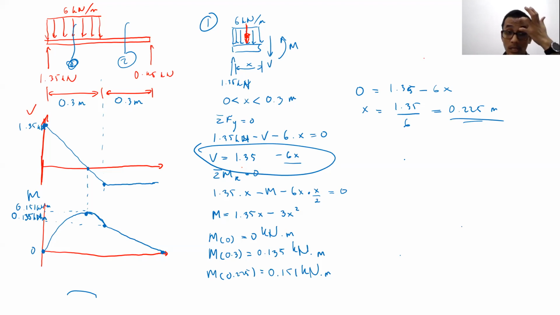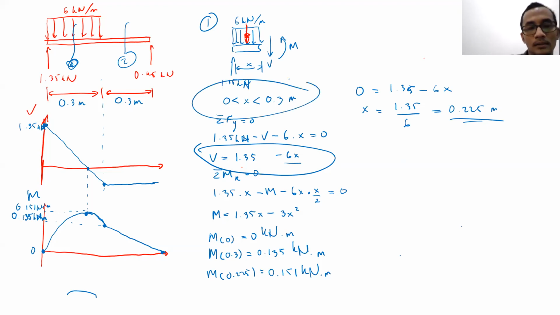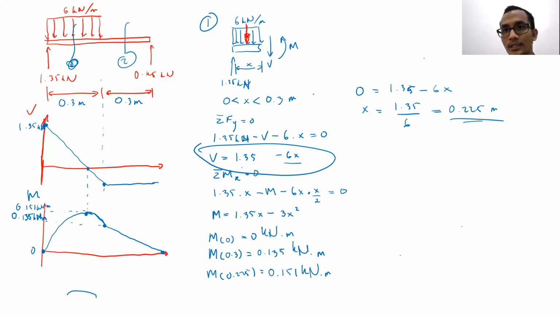No, less than. I think it's better for you to not put the equal sign there. Oh, so it's always like that, sir. Yeah. Because sometimes, remember, whenever we have a concentrated force, there's always a jump there. In order to make it safe, just put it like this, because we don't want to consider the jump.